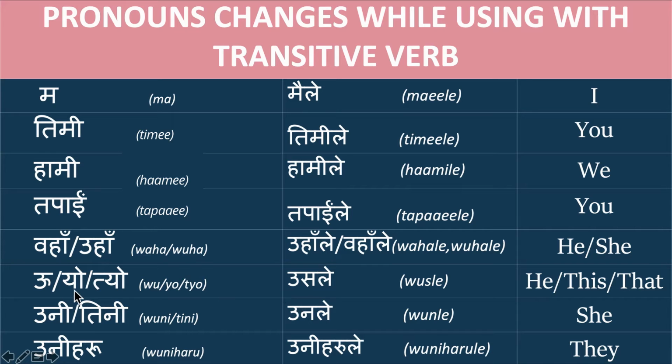Similarly, you can change yo into esle, tyo into tesle. Uni, unle. Tini, tinle. Uniharu, uniharule. So, like I have said before, if you want to add any nouns or any name of a person, you need to change by adding le in the perfect tense sentences or past tense sentences.